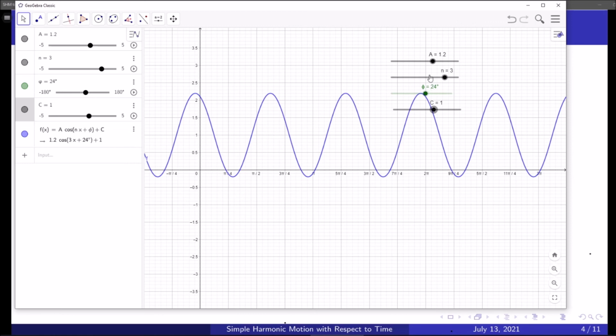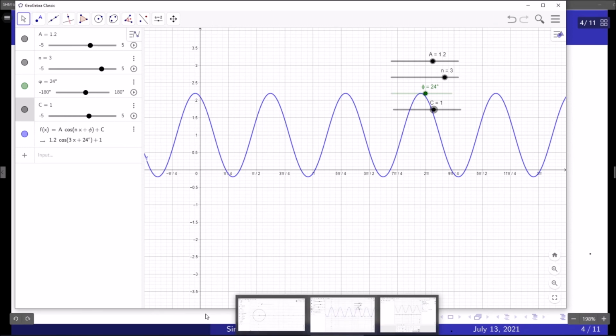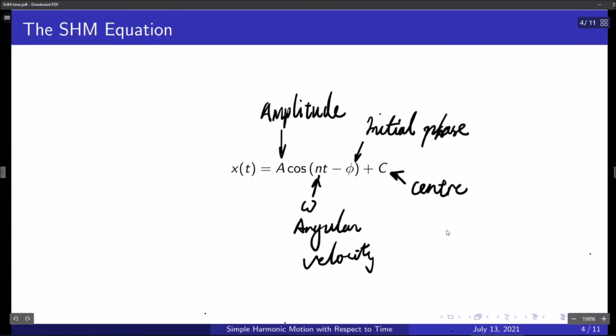So it goes with amplitude 1.2 up, 1.2 down, 1.2 up, 1.2 down, and so on. Okay, next one. So that's the gist of this function and what all the constant terms do in this particular expression.